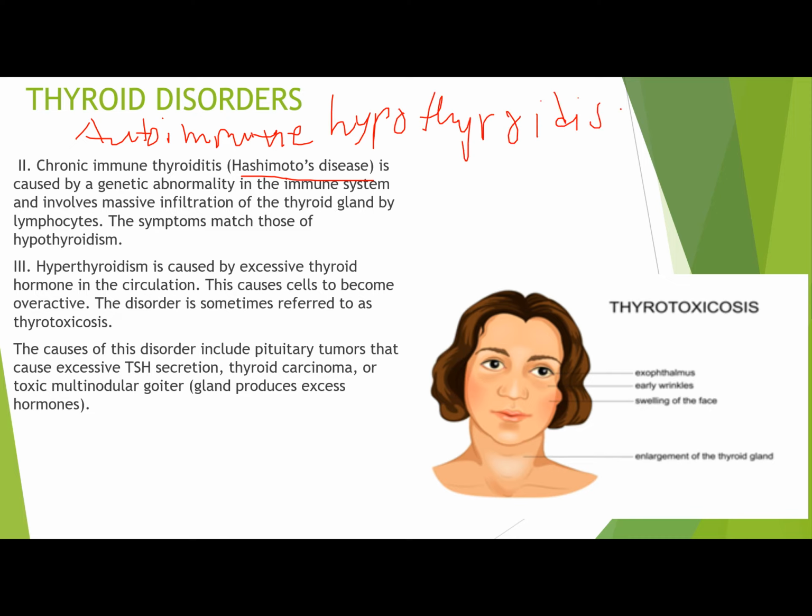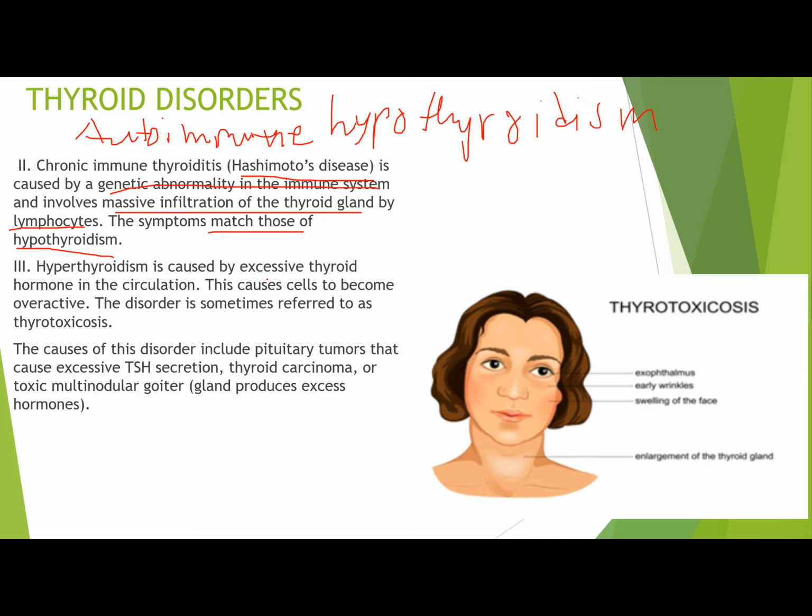So, autoimmune siya, meaning your own body attacks your own thyroid. This is caused by a genetic abnormality in the immune system and involves massive infiltration of the thyroid gland by lymphocytes. The symptoms match those of hypothyroidism.